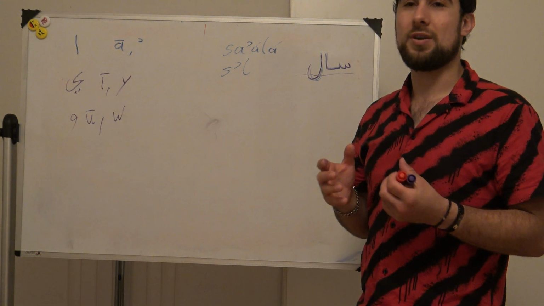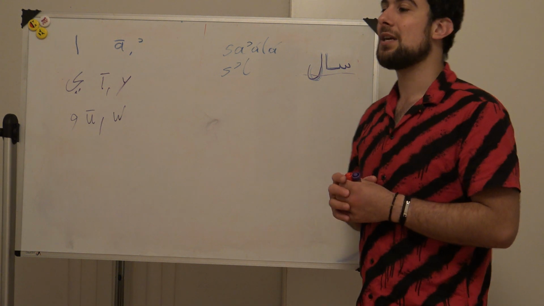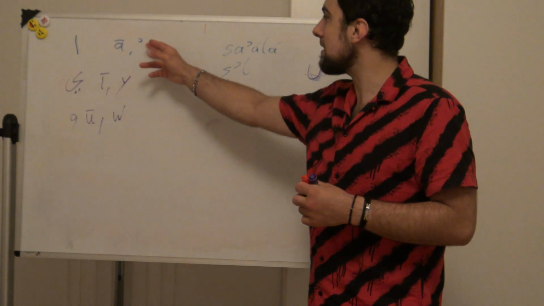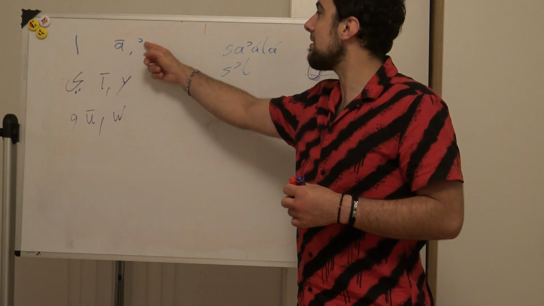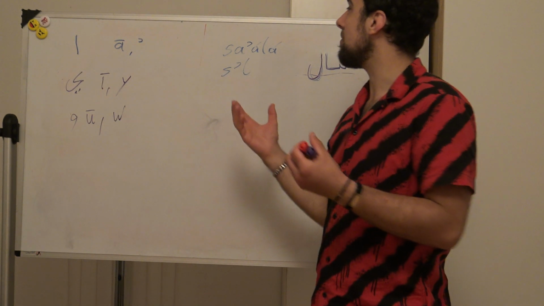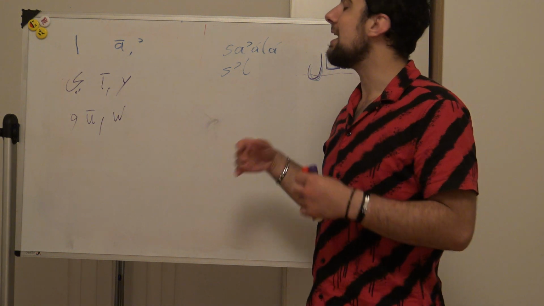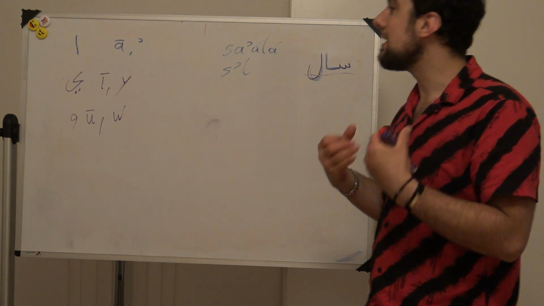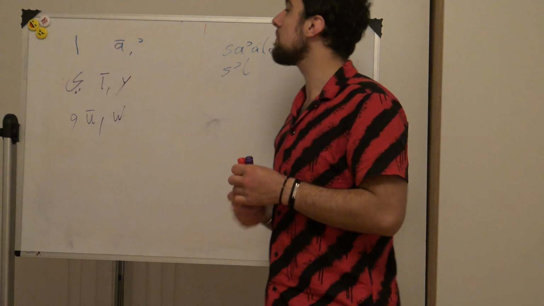It is present in many languages, but it's not written in the Latin script, as you can see here. They needed to invent this sign to somehow represent it, but in Arabic this plosive, this consonant, is written with the letter Alif.